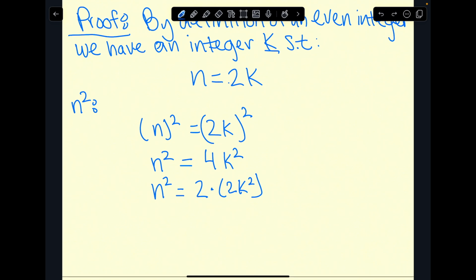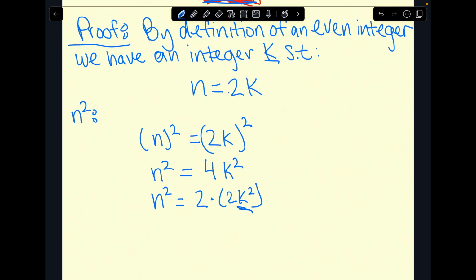We now need to be sure that the expression in the parentheses is also an integer. We know that k is an integer, and an integer squared is just going to give us an integer. So k squared is an integer. K squared times 2, what do you think that's going to be? It's just going to be one giant integer in the parentheses.